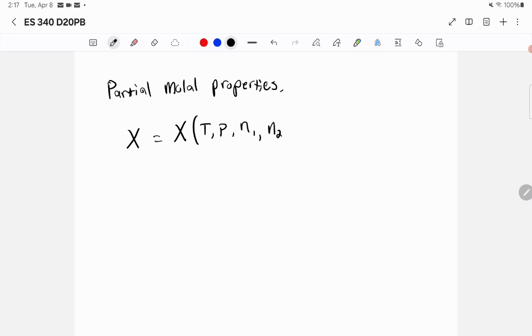So I'm assuming I'm in a mixture. You could collapse this down to just N1 for full generality. It could be N1 only if it's not a mixture. So this notation encompasses any type, really.